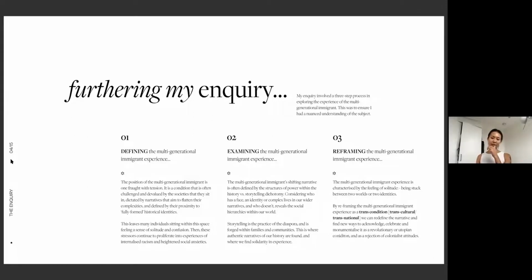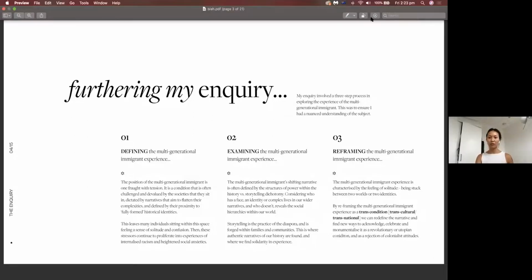This came with the idea of reframing the multi-generational immigrant experience as a trans condition, also known as transcultural or transnational. It was a way of shifting the narrative to see it as almost revolutionary or utopian, a rejection of colonialist binary attitudes rather than something that exists in constant tension and as a disappointment or within proximity to other historical identities.